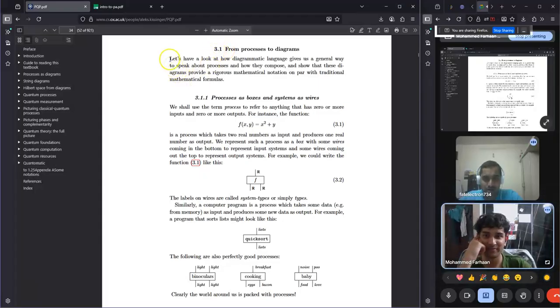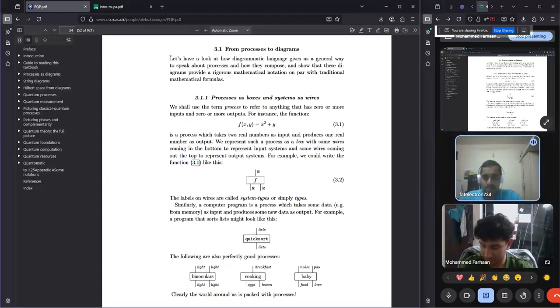3.1. Yeah, sure. Okay. So as we continue, let's have a look at how diagrammatic language uses a general way to speak about processes and how they compose, and show that these diagrams provide a rigorous mathematical notation on par with traditional mathematical formulas. One comment I would like to make is that when we start learning math at first, we take mathematical notations as just something to convey our point. Right.